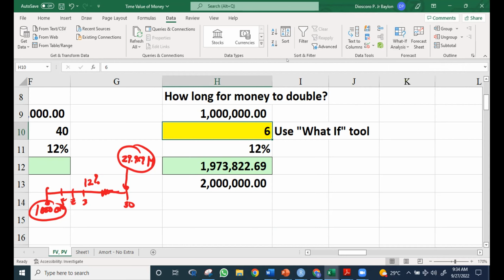Kindly chat please if you're able to see the what if analysis. Okay, thank you. Okay, how about the rest? You go to Data, and then here in the Forecast ribbon, you have What-If Analysis.